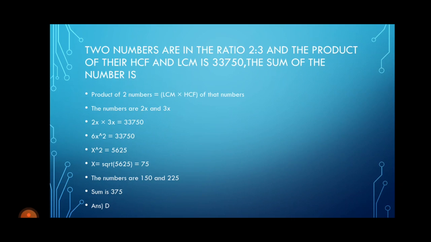Now we find x by taking the square root of 5625, which is 75. So x is 75 and the numbers are 2x and 3x, that is 2 into 75 and 3 into 75. The values are 150 and 225. The sum is 150 plus 225, which is equal to 375.